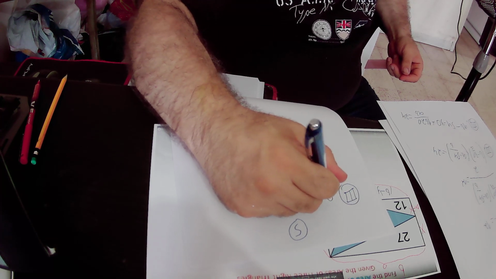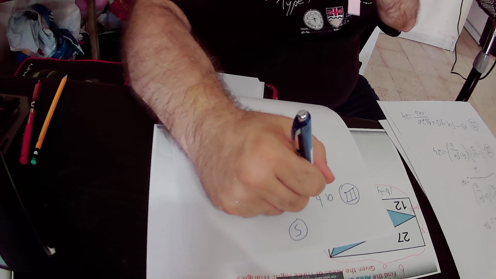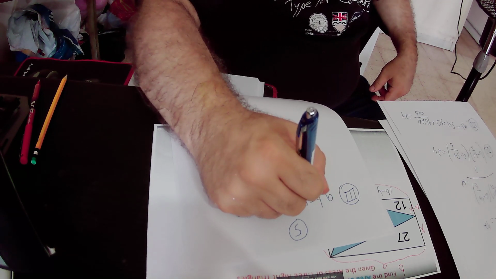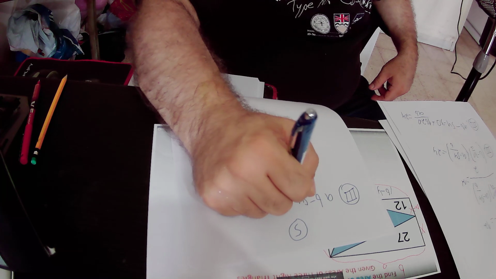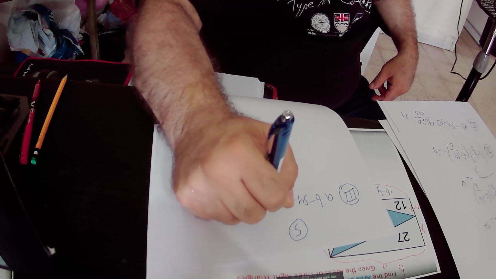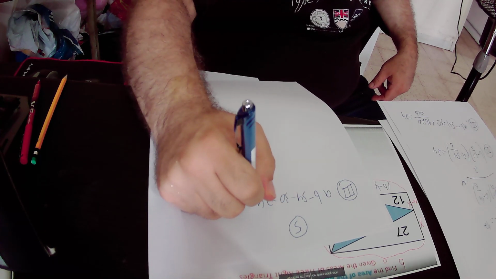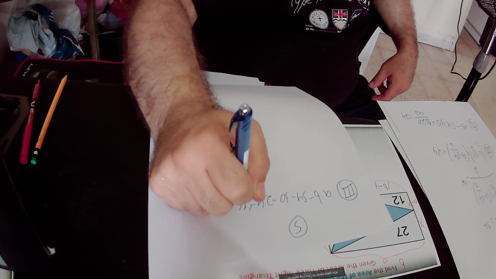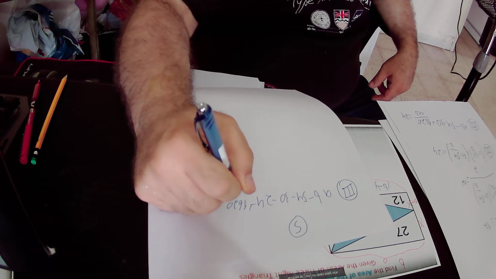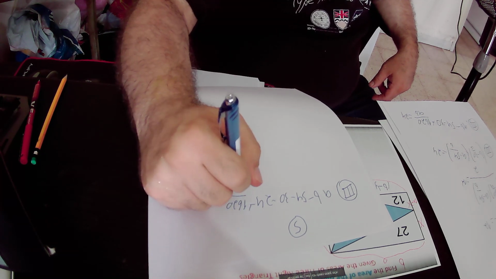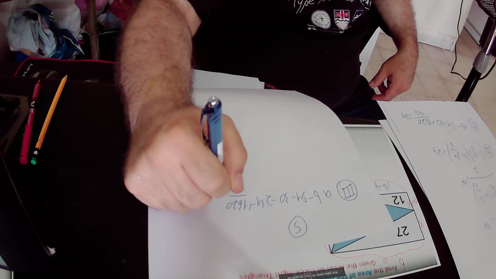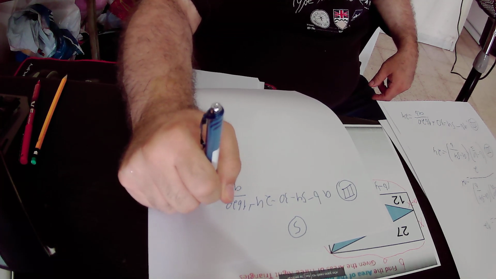We get that a times b minus 54 minus 30 minus 24 plus 1620 over ab equals 0.